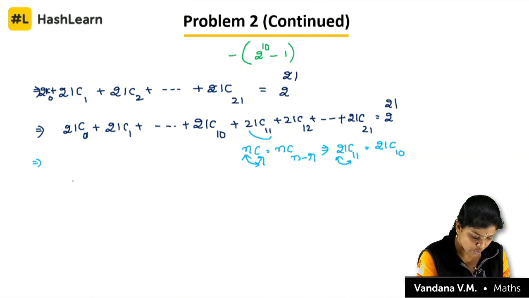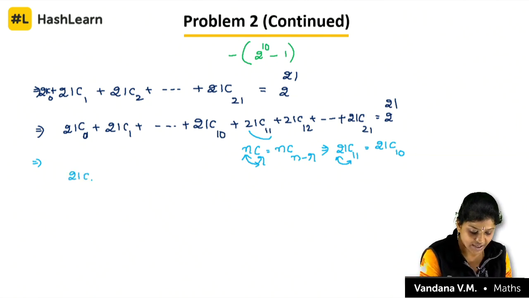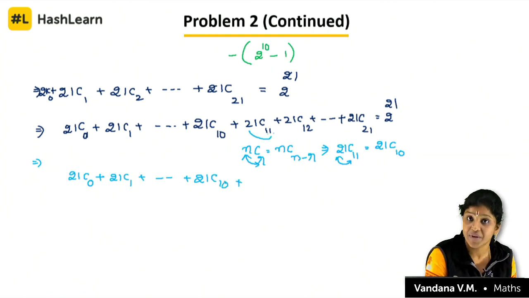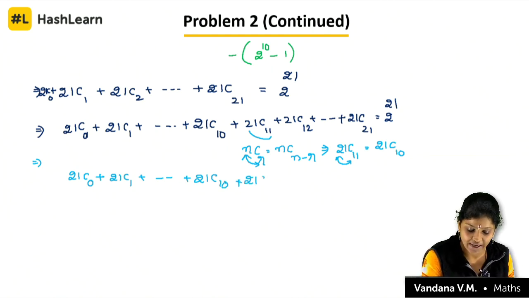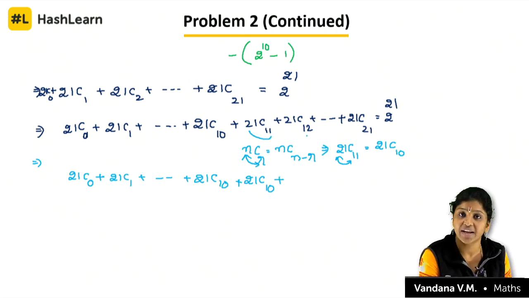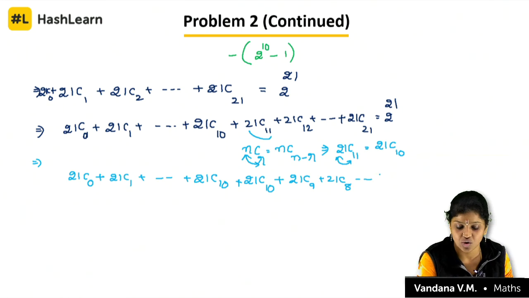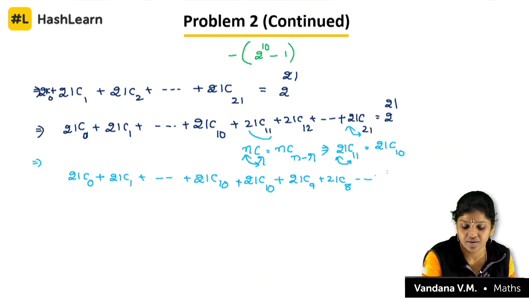So, what I am going to write, please observe, 21C0 plus 21C1, so on 21C10. From here onwards, once again 21C10, then 21 minus 12, 21C9, plus 21C8 and so on. What is the last term, children?